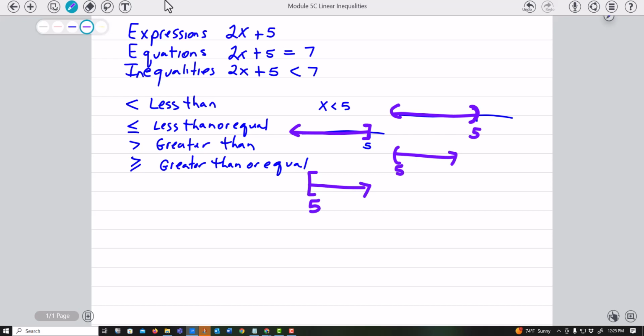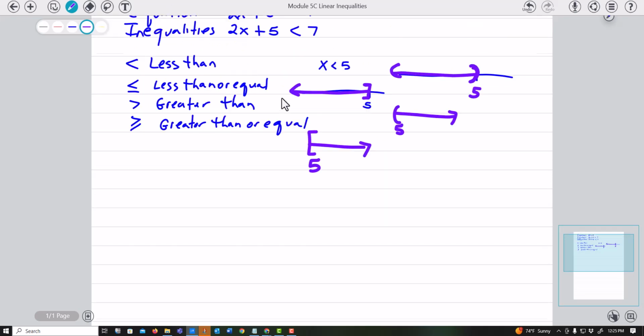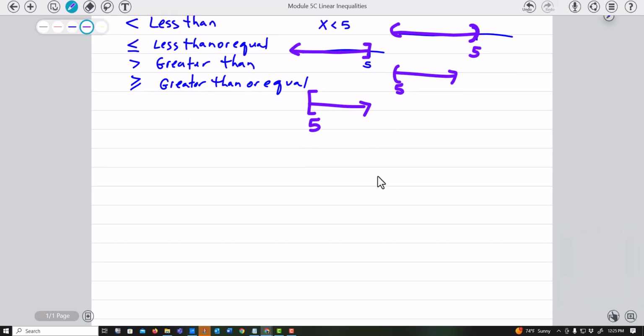All right. And so solving these inequalities is not too bad. There's just one thing that you have to keep in mind when you solve inequalities. If I have something like 2x is less than -8, you pretty much do what you did with an equation, where you want to isolate the x, so you would divide both sides by 2.